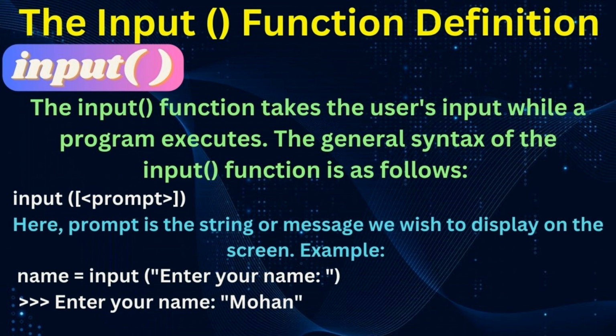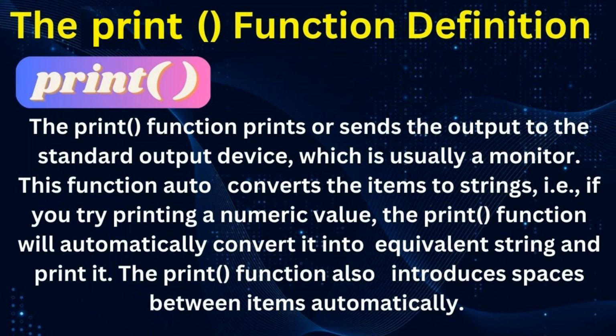Now we go to another function, which is the print function. The print function prints or sends the output to the standard output device, that means the monitor, which is usually any type of monitor where we see the output or the final result.